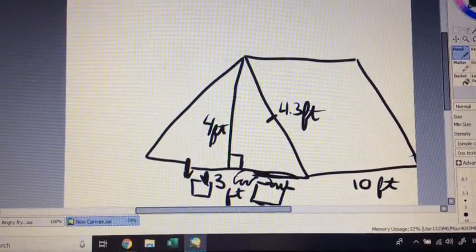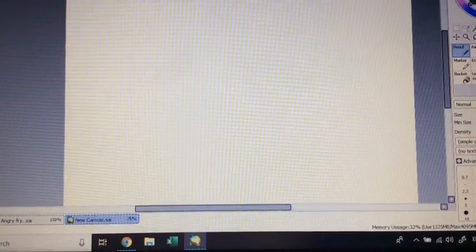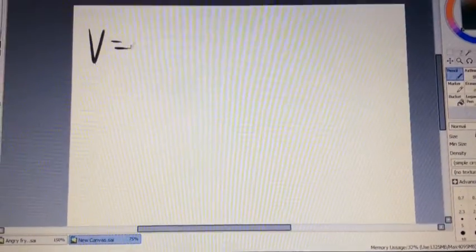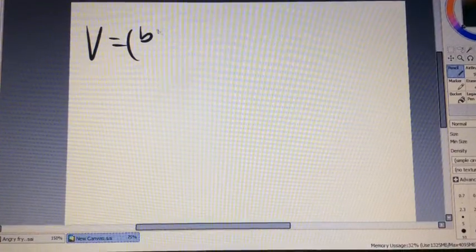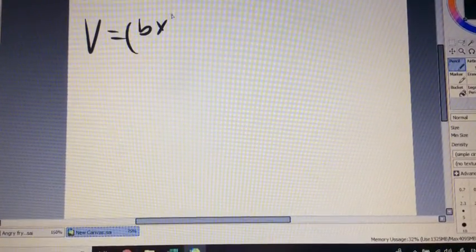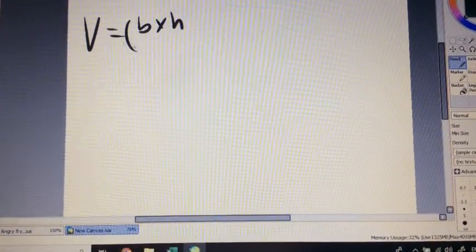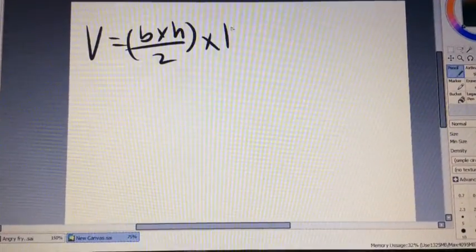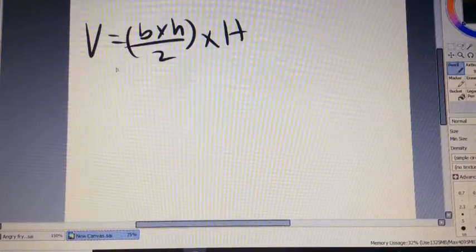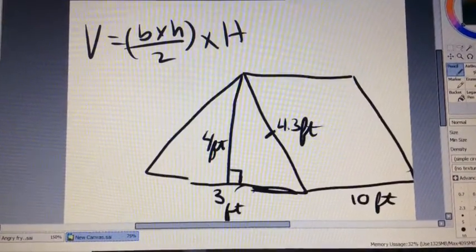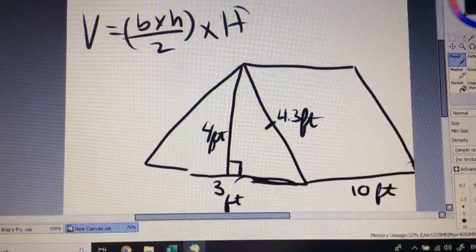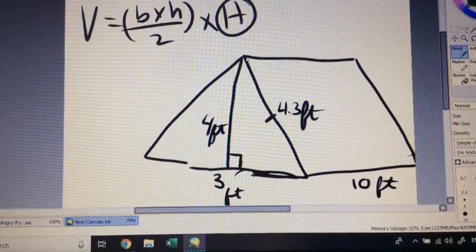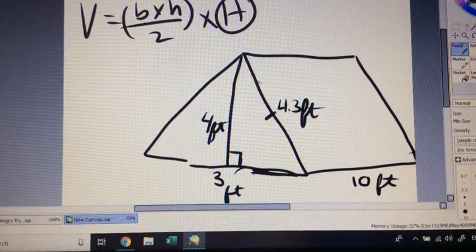Now let's move on to volume of a rectangular prism. So, volume for a triangular prism is base times height divided by 2 times height. Our height is not actually the height of the triangle.